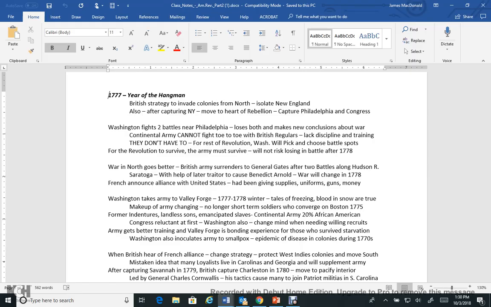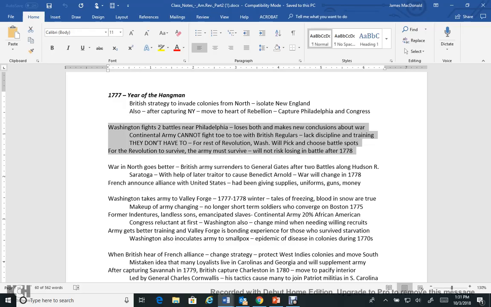But Washington, as far as the strategy goes, and this is where on the battlefield he's not a great general. But when you talk about the big picture, there are few better than Washington. Because after his 2 losses and the British marching into Philadelphia, so they've occupied New York, now they occupy Philadelphia, Washington has to find a winter encampment for the end of 1777.